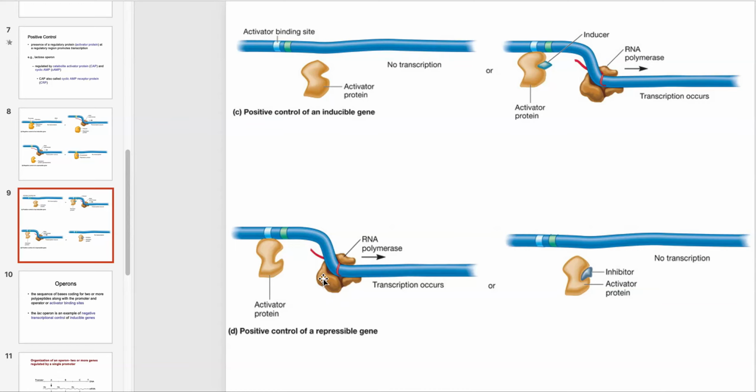The activator protein in this particular case is active and sits right on its little binding site on the promoter, allowing RNA polymerase to do its job. And then, of course, there's also the possibility of an inhibitor knocking out that positive regulator.